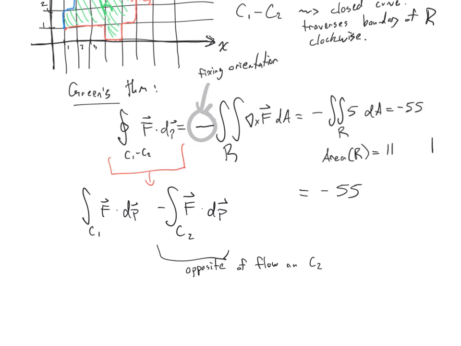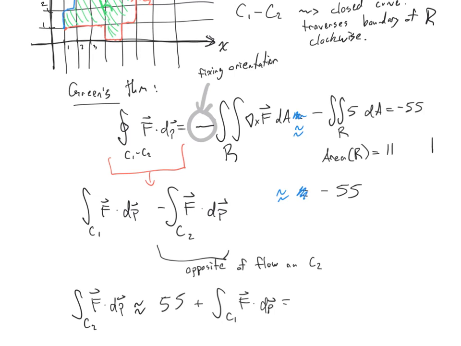And now we can just solve for C2. So I guess somewhere in this problem I should have written that here I'm getting an approximately equal. So this is really an approximately equal to 55. So I get to conclude that if I solve for the integral over C2 of f dot dp, it's approximately equal to, so I'd have to move the other one over to the right-hand side, the 55 plus the integral over C1 of f dot dp.